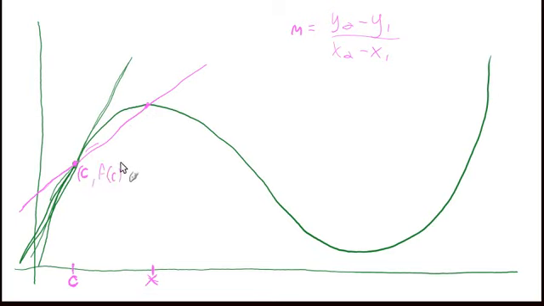That'd be our output, our y value, and this one we could call x, f of x. Okay, now our slope could become this: f of x minus f of c over x minus c. We could do that.